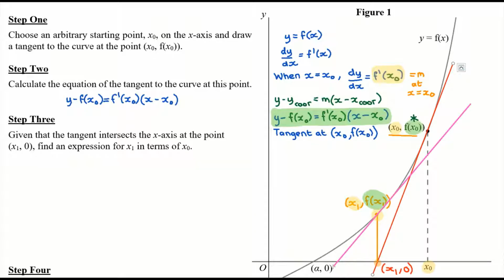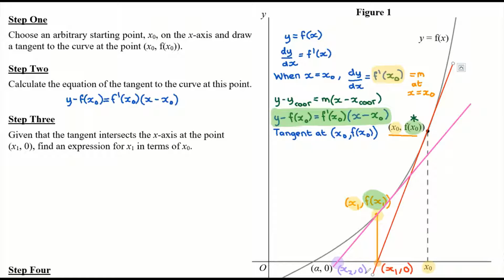Okay, so you can see now this would generate another point on the x-axis. We've got this point here. Now we could call this point x2 and 0. Notice that we're getting closer and closer to our root alpha.